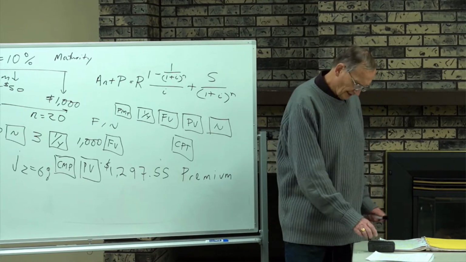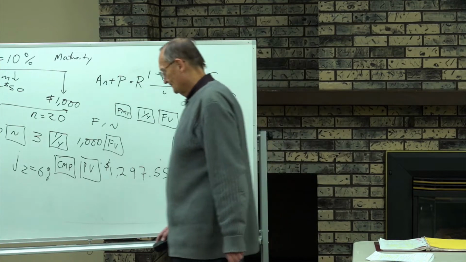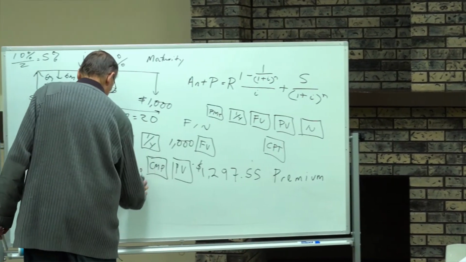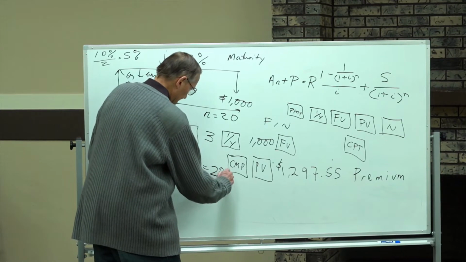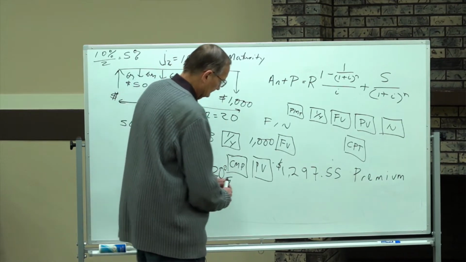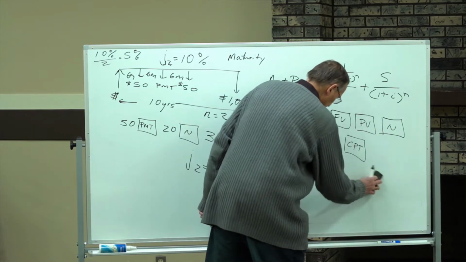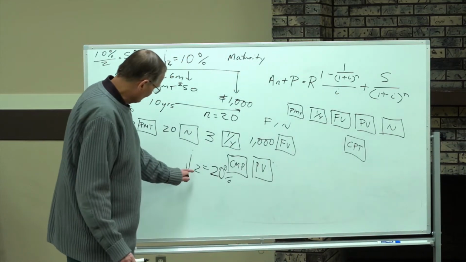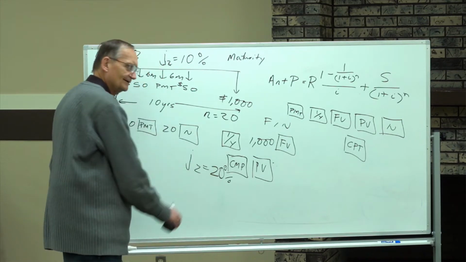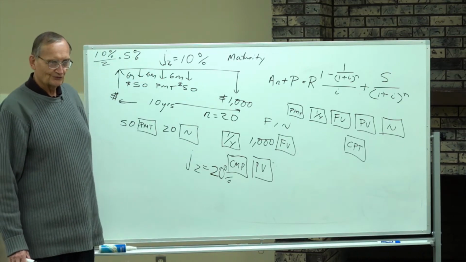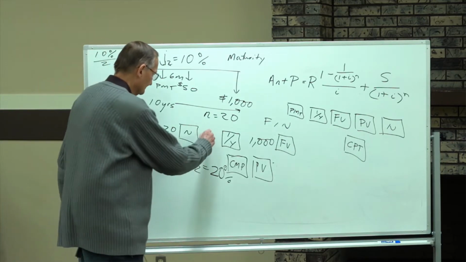Okay, now what I'm going to do is change the rate again. I'm going to tell you that interest rates have gone to 20%. If interest rates have gone to 20%, what am I writing in here? What's the interest rate for 6 months? 20 divided by 2, isn't it? 10.